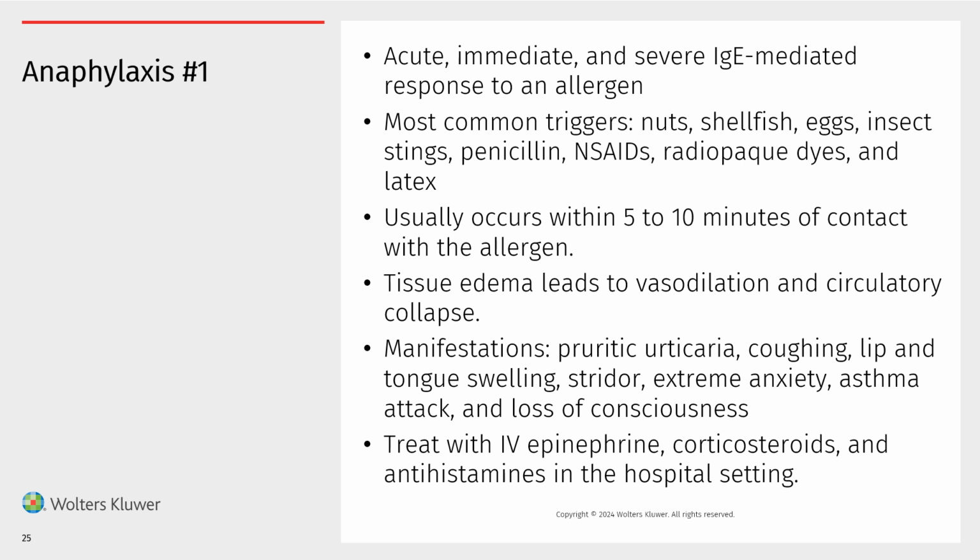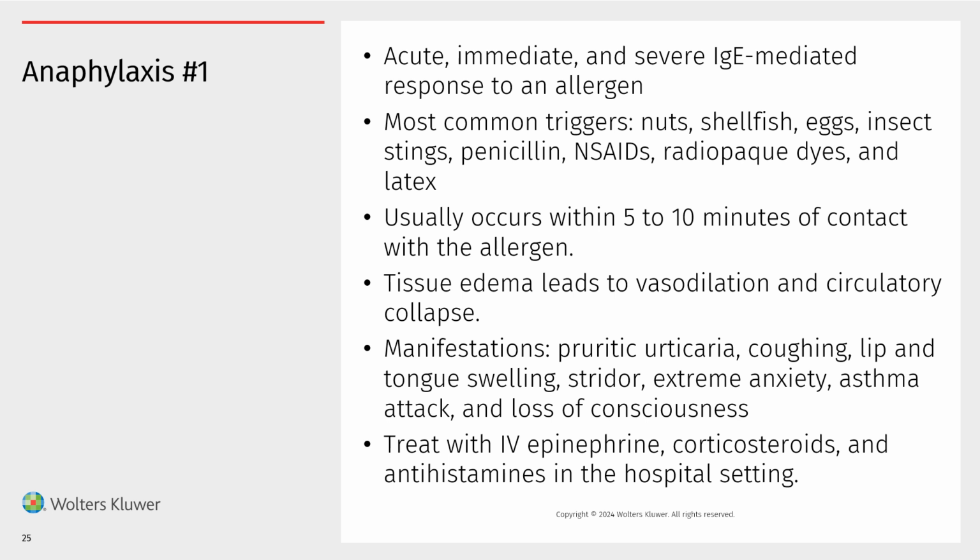So anaphylaxis, let's mention this, goes with the immune system discussion. Children and infants can reach anaphylaxis a lot quicker than an adult. It's an acute, immediate, and severe IgE-mediated response to an allergen. Most common triggers here, I have a niece that's allergic to strawberries, and nuts, shellfish, eggs, all included.